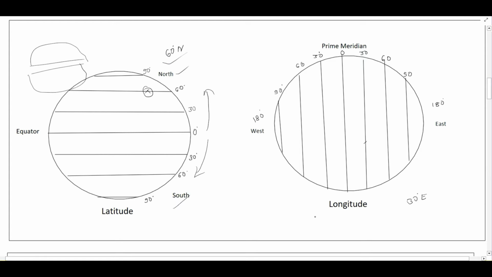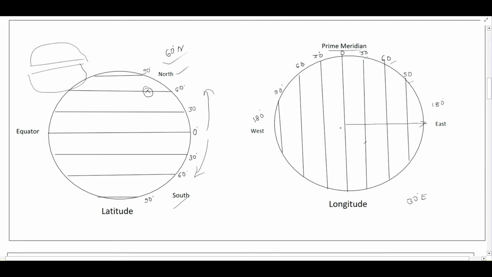Now let's see how longitude is calculated. Longitude is similar to latitude. We draw imaginary lines on the earth, and the one in the middle is called the prime meridian. When we go east from the prime meridian, it increases from 0 degrees to 180 degrees; I have given 30, 60, 90 degrees here.